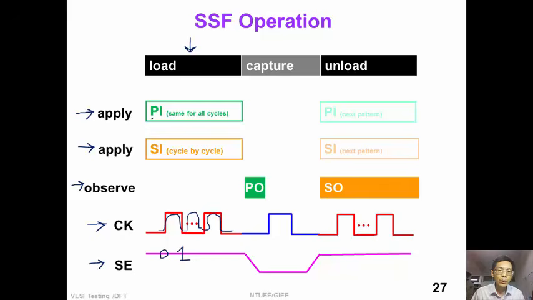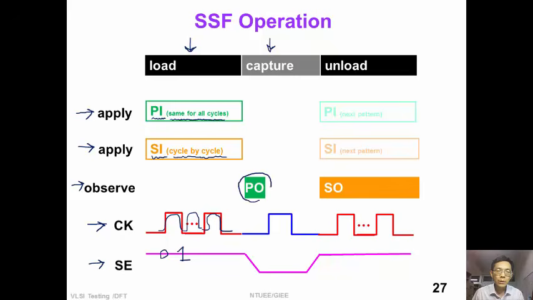We apply primary input patterns as well as scan input patterns. Please note that primary input patterns remain the same for all the cycles. However, scan input patterns are different from cycle to cycle. After the test pattern is fully loaded to the scan chain, we perform a capture.